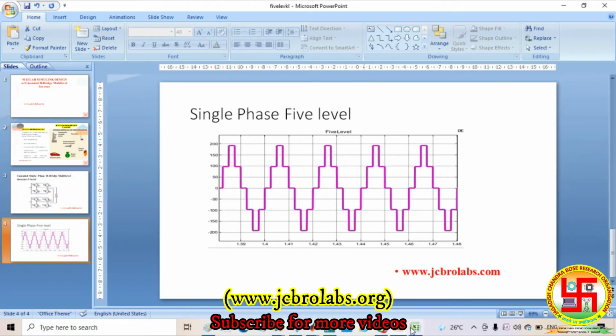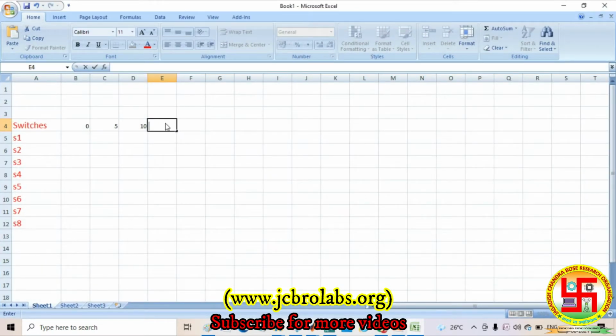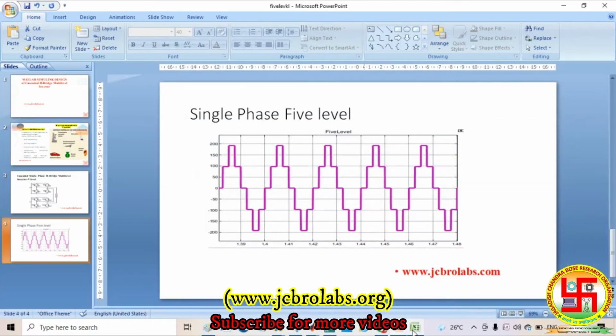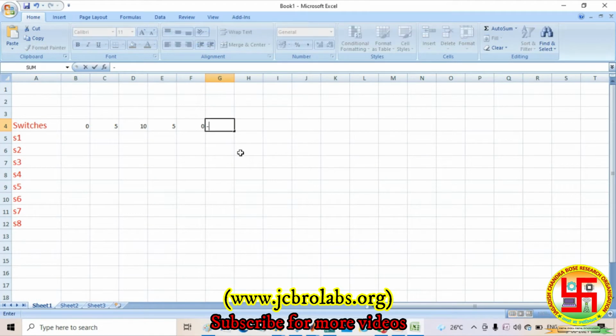Now in the truth table also 5 and 0. Now when it comes to the negative cycle, it is 0, minus 5, minus 10, then minus 5, and again 0 will come.